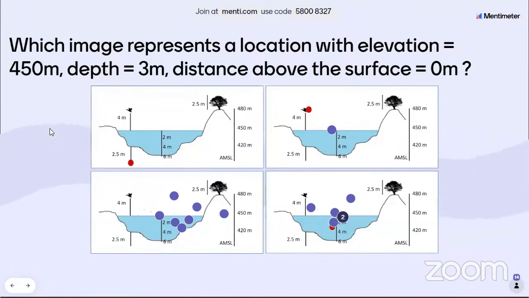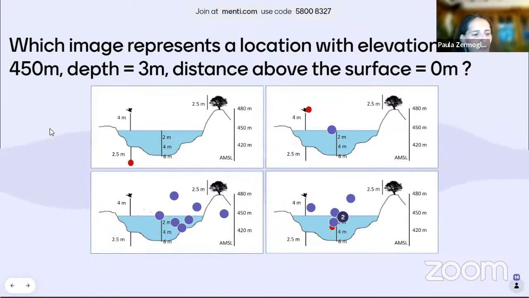Thank you so much. I can say that the object must be located on the elevation of 450 meters, which I don't see that the first one is located on that elevation. Okay, thank you for speaking up.